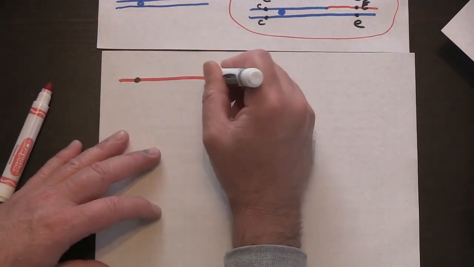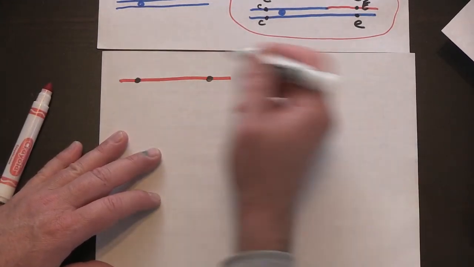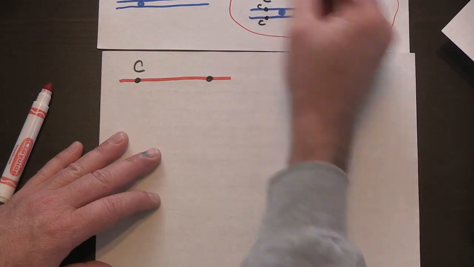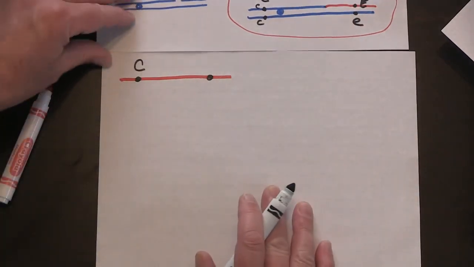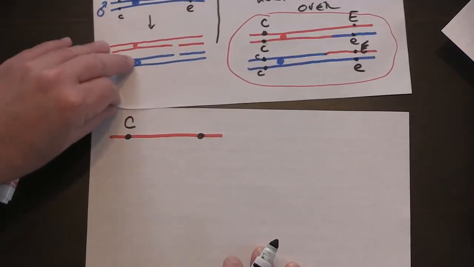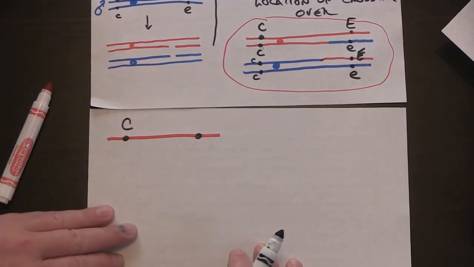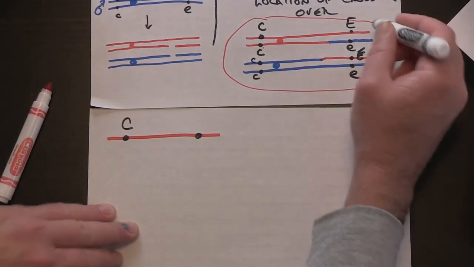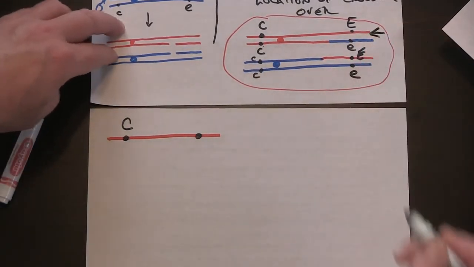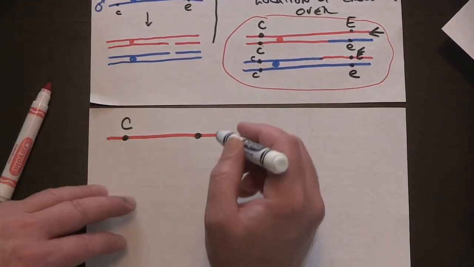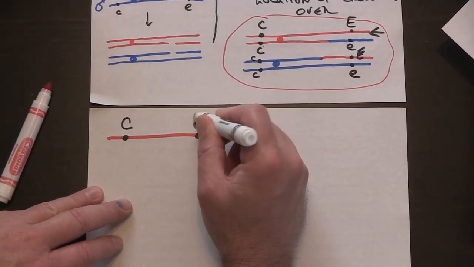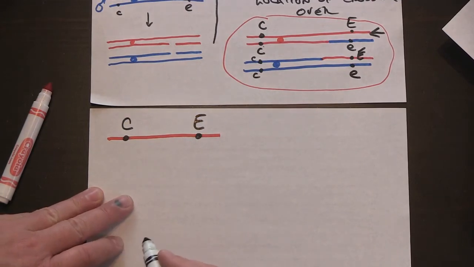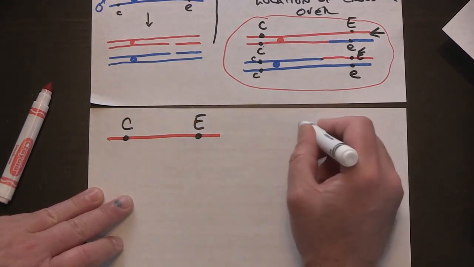So the gametes that are made, one variation is going to have, you can't see both of those. There we go. So let's just look at the gamete that's made with this particular chromosome. It's going to have big C, big E. So these are the gametes.